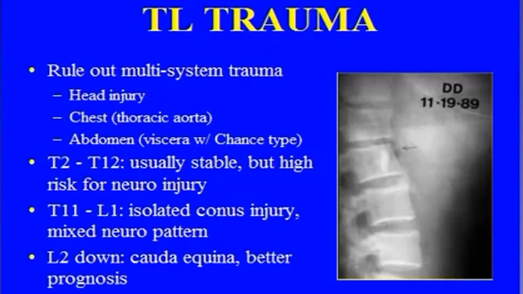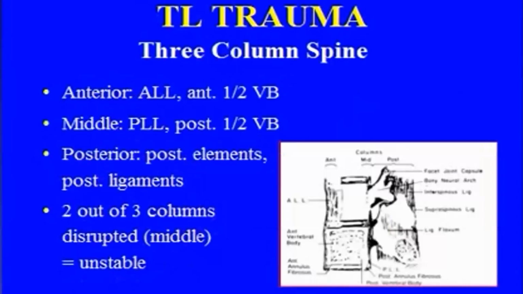I still believe in the three columns theory, but you have to know that there is the AO, which classifies it into compression, distraction injuries and shear injuries, three types.